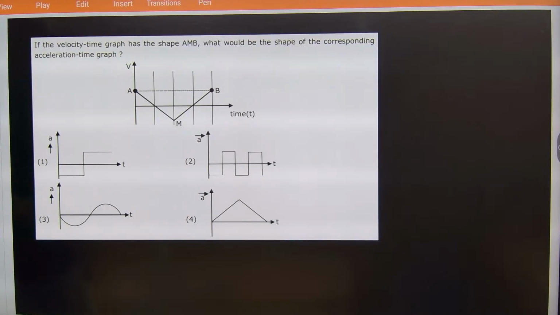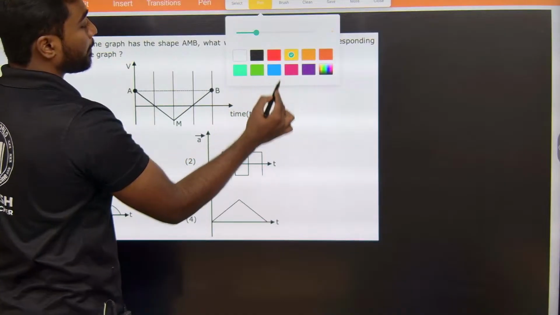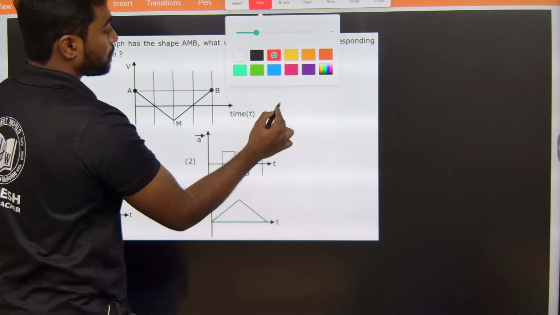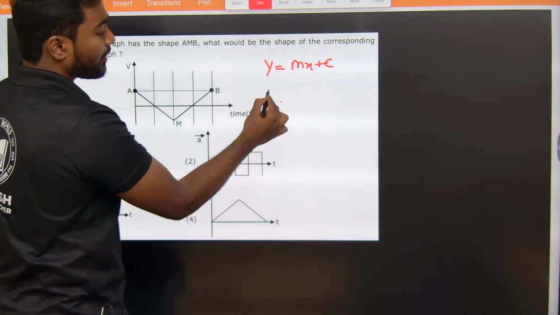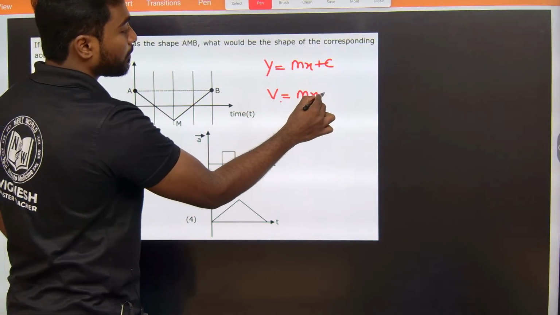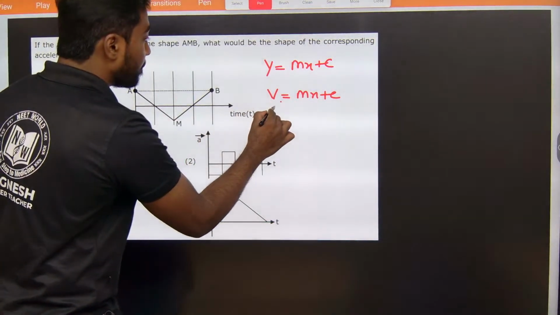The equation will be y is equal to mx plus c. I can write it like this: v is equal to mx plus c. This is for the case MB.